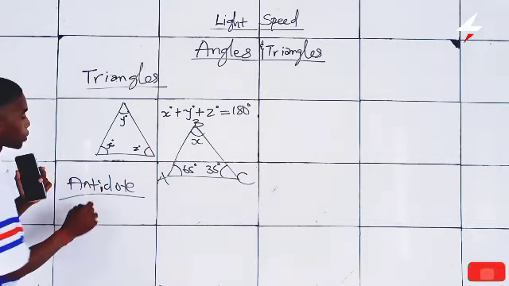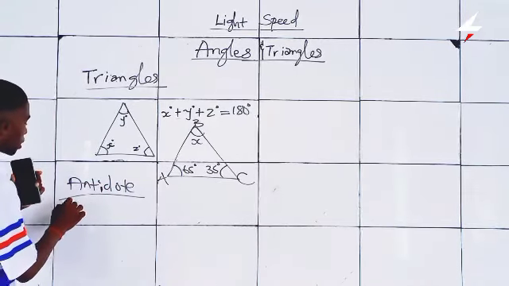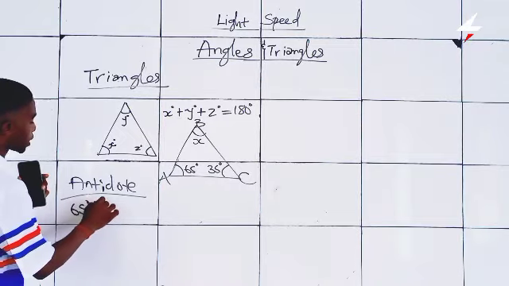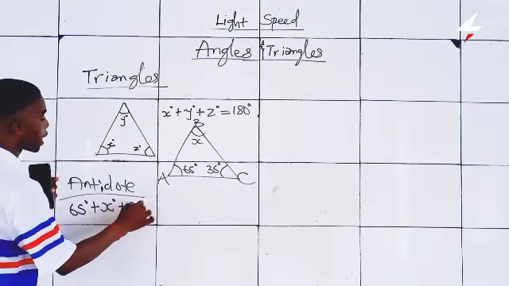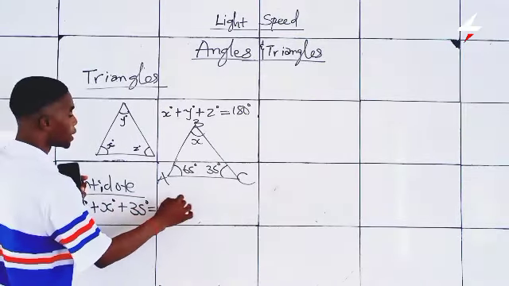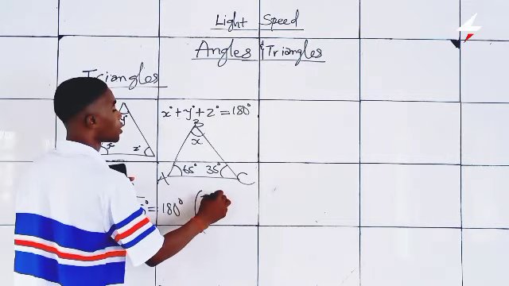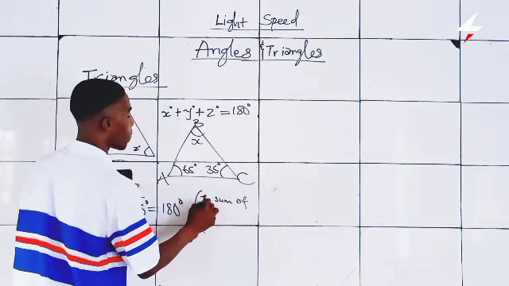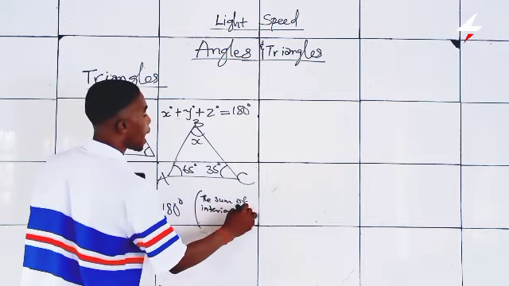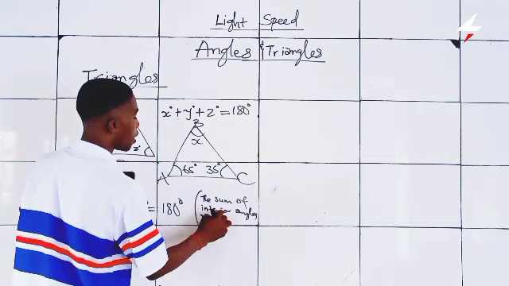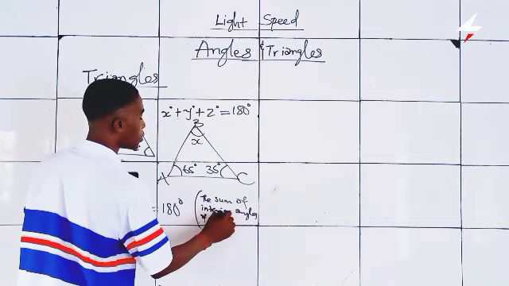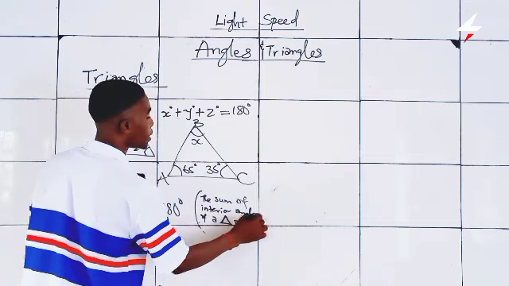So we'll write 65 degrees plus X plus 35 degrees equals 180. Put your reason, because the sum of interior angles of a triangle equals 180 degrees.